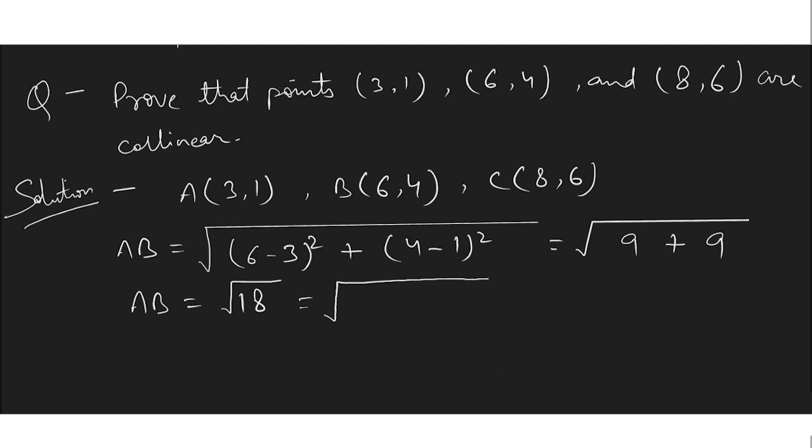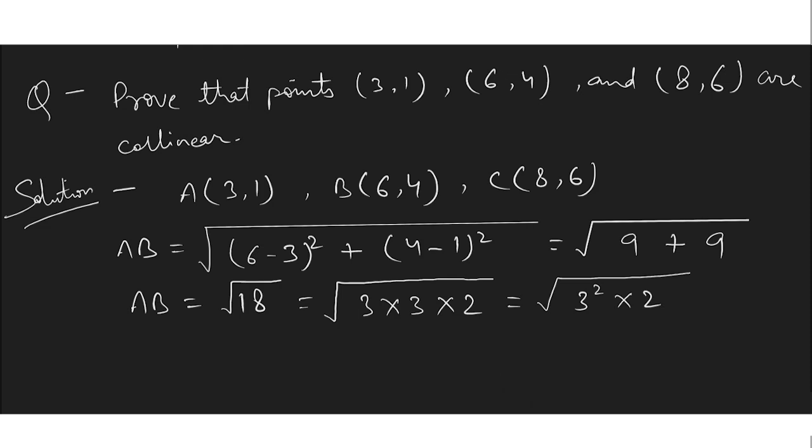We can prime factorize 18 as 3 into 3 into 2, or square root of 3 square into 2.